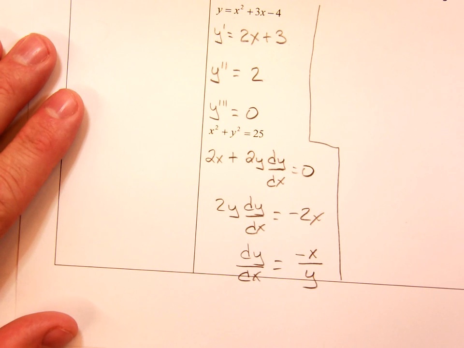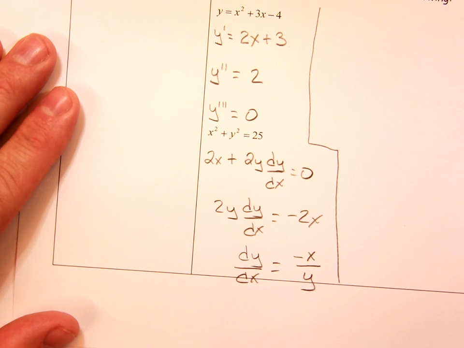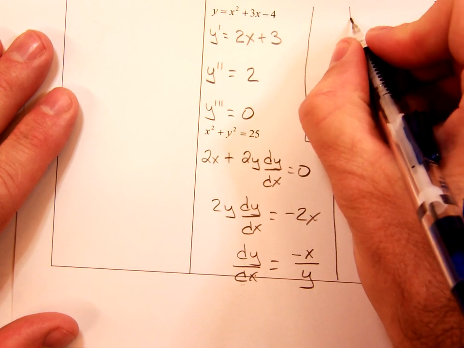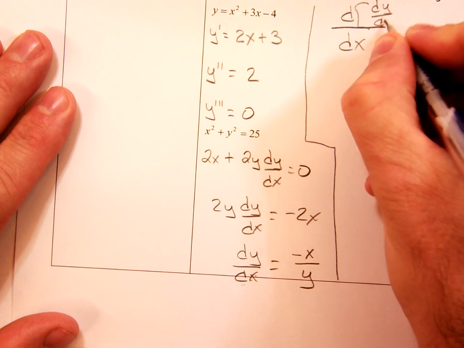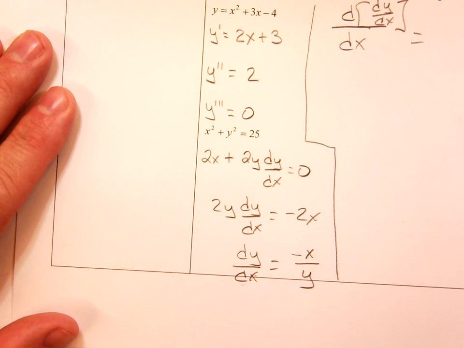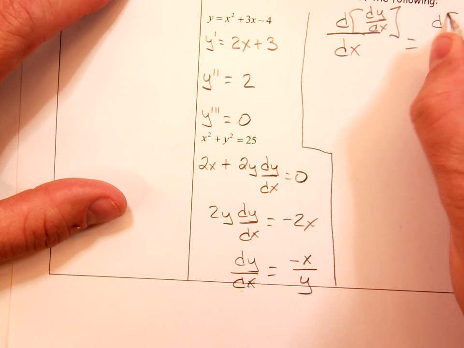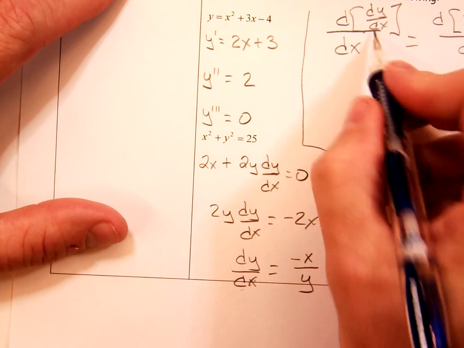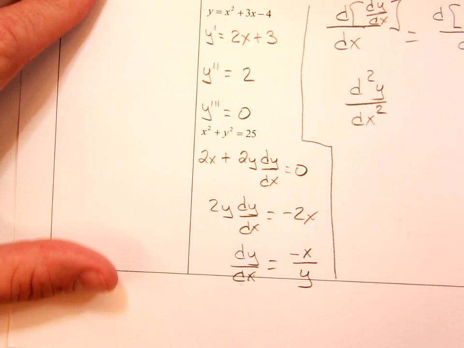Second derivative. How do I do that? What's the derivative of this side right here? That's what we're doing, right? So this is going to be the derivative of negative x over y with respect to x. So this turns into d squared y over dx squared, which is just the second derivative.